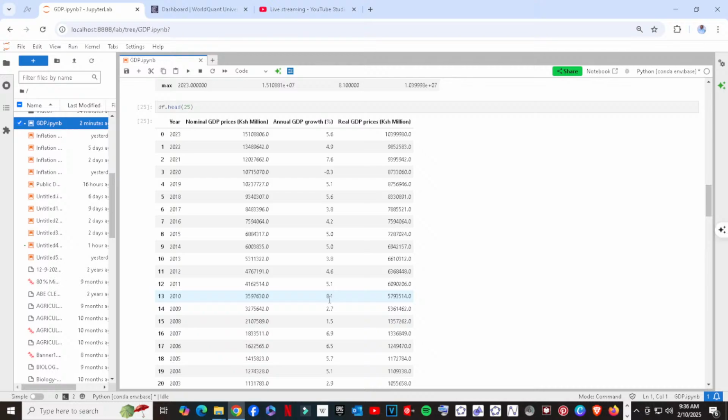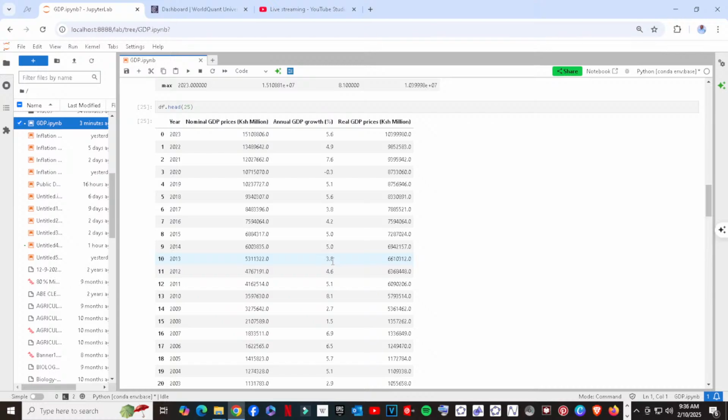So let's see, in 2010 it was 8.1, but then 2011 it went to 5.1, then 2012 it went to 4.6, and 2013 it moved to 3.8. Now let's see, could it mean that when one is signing off, a lot may be happening?